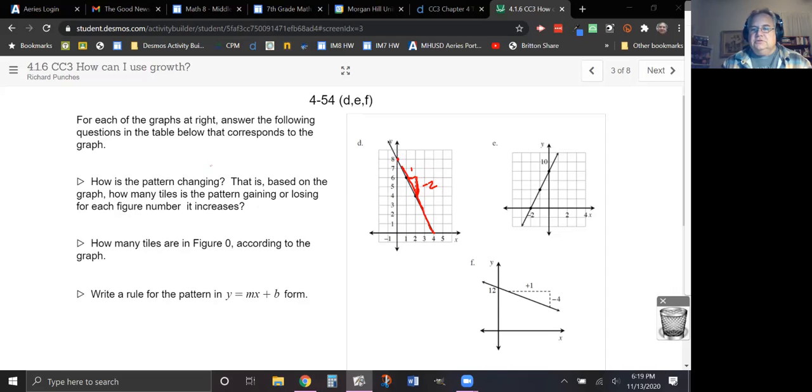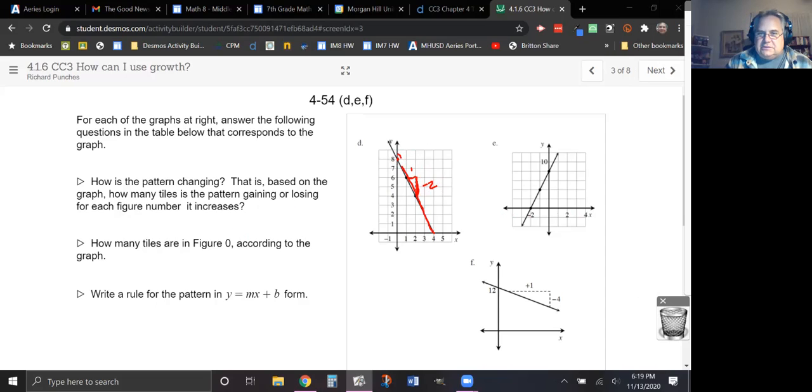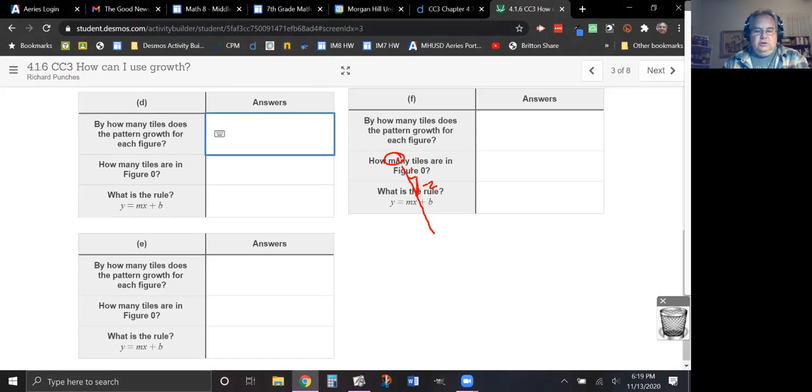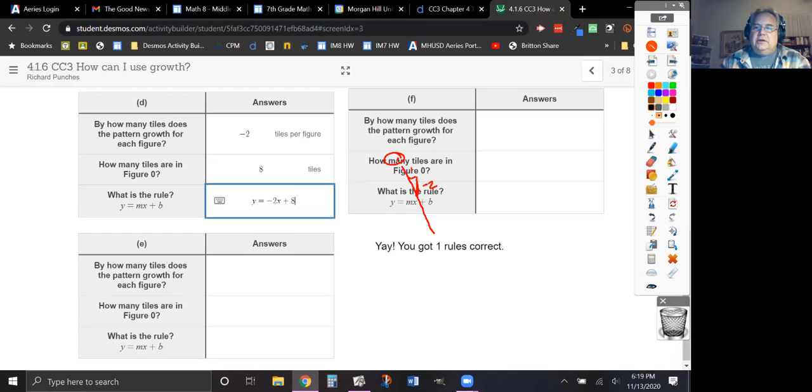So I'm going to take my -2 growth rate, and I start at +8, and I'm going to fill those numbers into my table. If I grow by -2, or shrink, I should say, and I start with 8 tiles, I would have the equation y equals -2x plus 8. And that would be one correct answer.